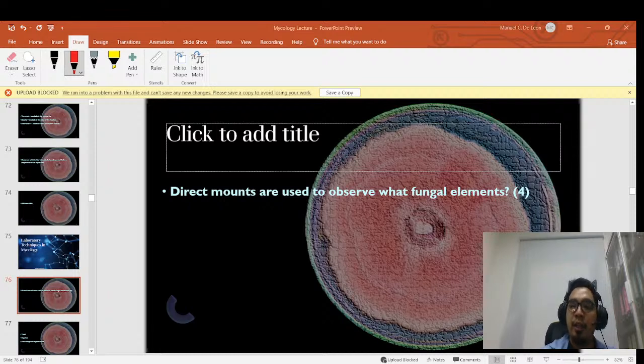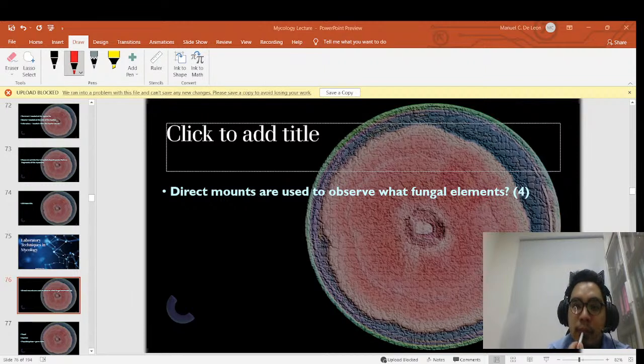Adrian, baka kasi magtampo si Adrian. I will ask Adrian this time. Adrian, what fungal elements can we observe in the direct mounts? Yes, sir. What fungal elements can you observe in a direct mount?